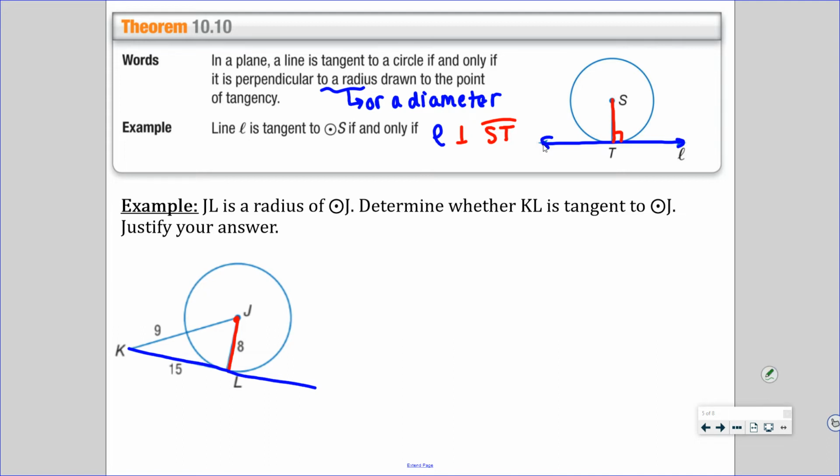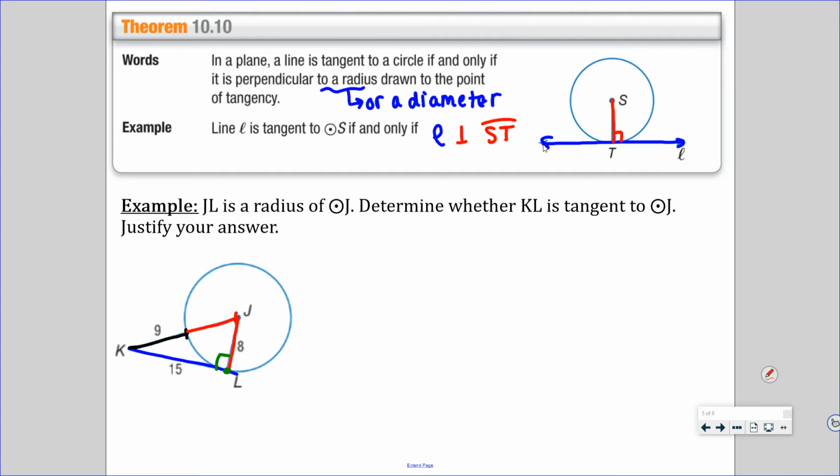Well, based on what we talked about, if and only if at this point L, it's perpendicular to that radius. Okay? Now they're helping you out a little bit. They're showing you this segment from point K to this point on my circle is 9.